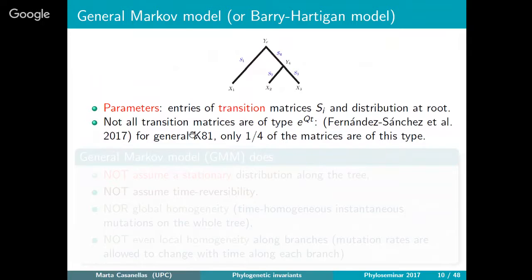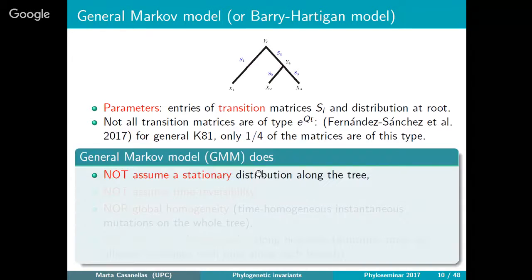For example, there is a new paper on arXiv where Fernando Sanchez and Roca prove that for the general Kimura 3-parameter model, only 1/4 of the matrices are of exponential type. So considering the transition matrices directly, and not the rate matrices and the time, as parameters gives many more matrices than this type of matrices.